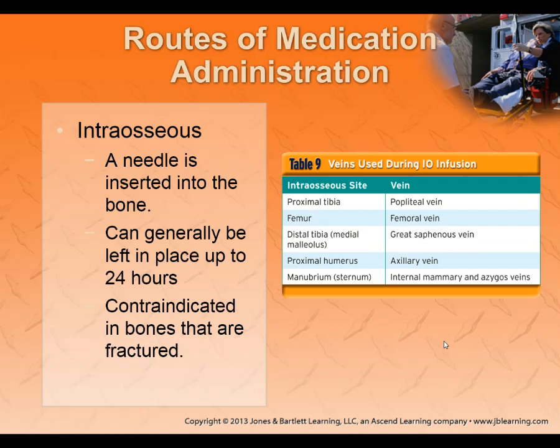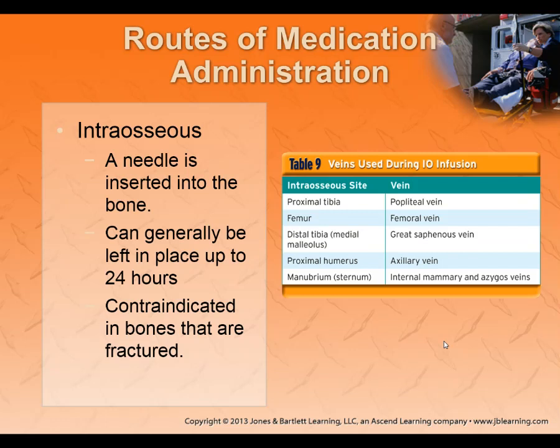Now with interosseous, the needle is inserted into the bone. So it's either done with a very particular kind of gun that has a spring-loaded needle, or there's a little drill that it can be given with. You don't give it to somebody who's had a fracture in one of those bones.